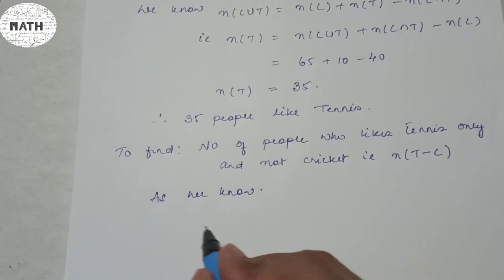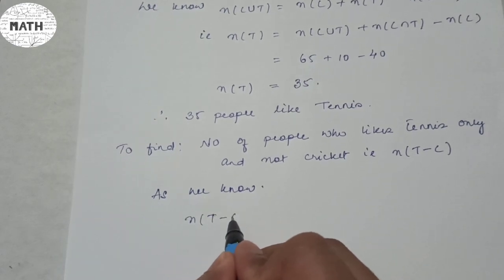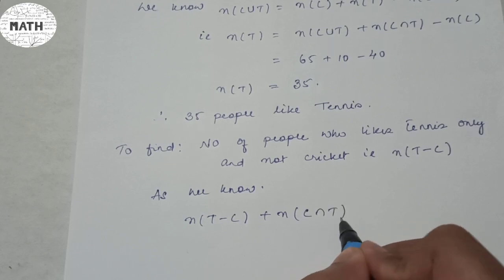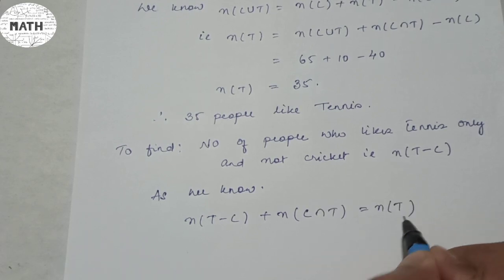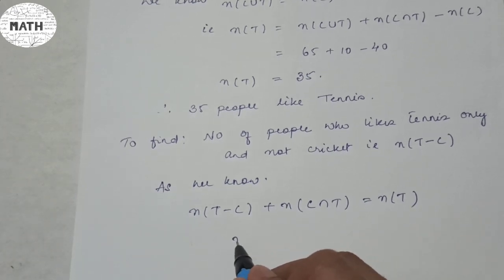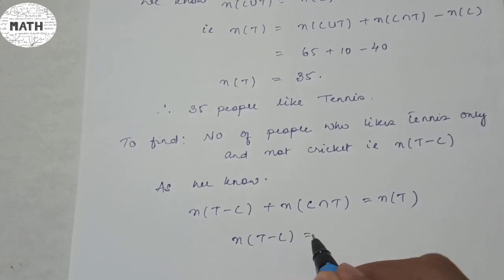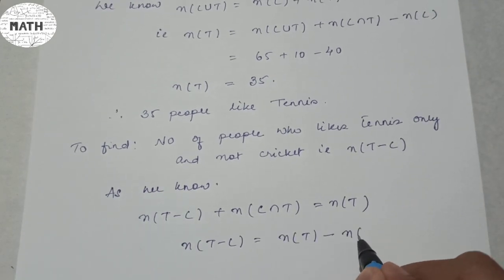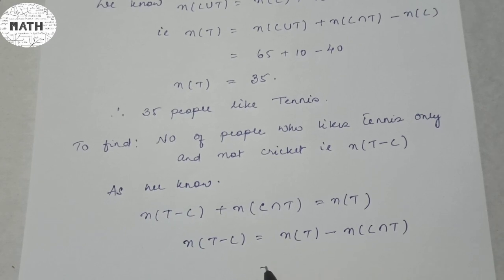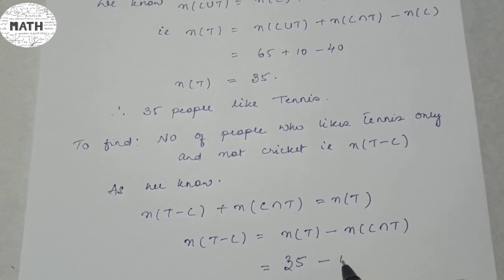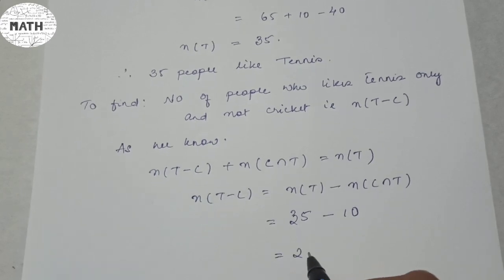As we know, according to your summary, I can say that n of t minus c plus n of c intersection t is equal to n of t. Clear? So n of t minus c would be n of t minus n of c intersection t. n of t I got to be 35, minus 10, which is 25.